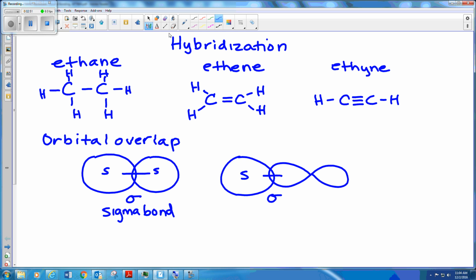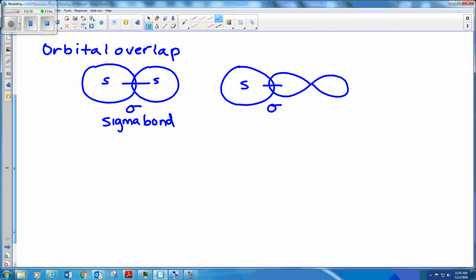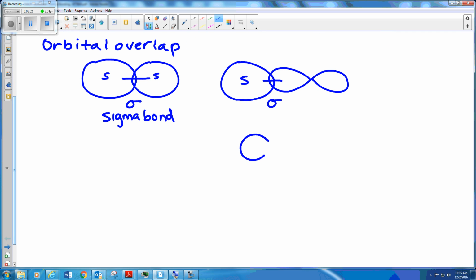This can also occur between 2 p orbitals as well. There are 2 p orbitals with end-to-end overlap, and these also have a sigma bond.